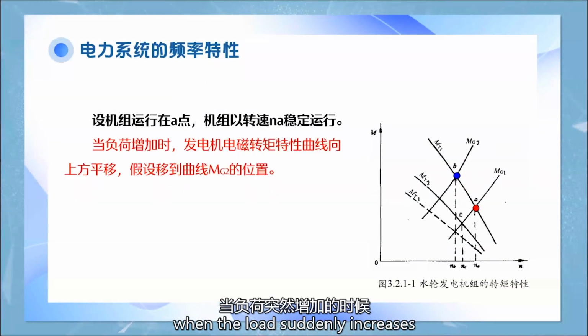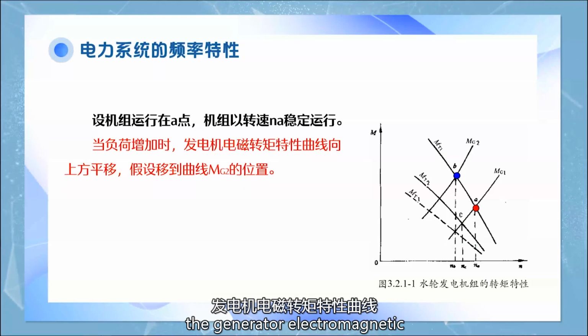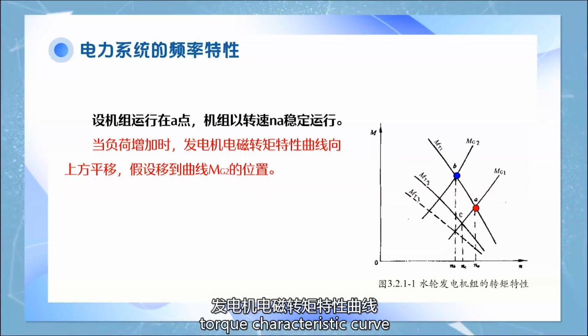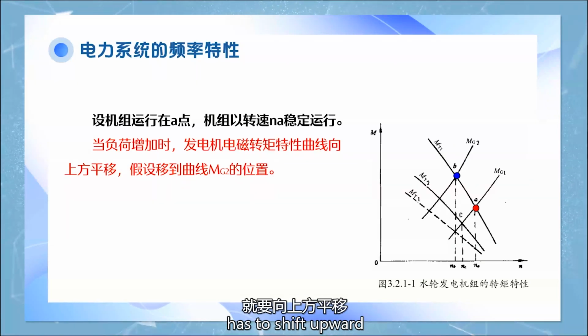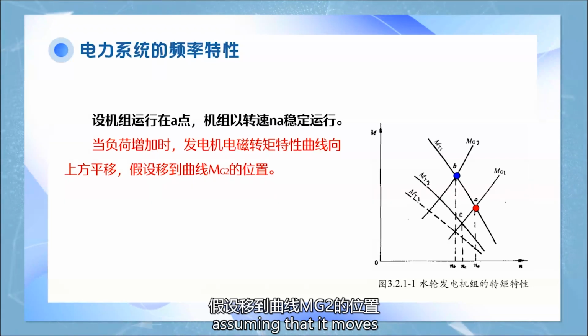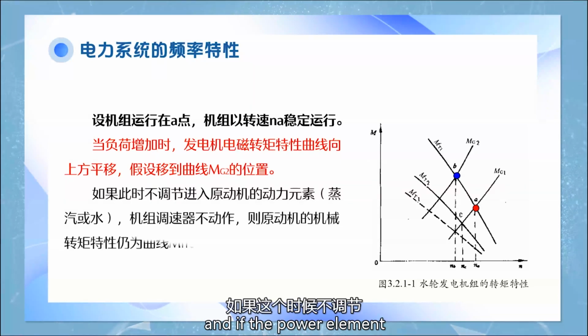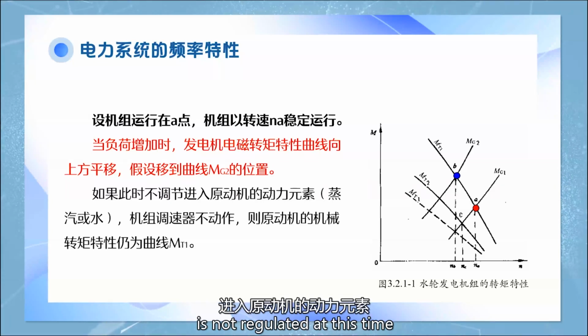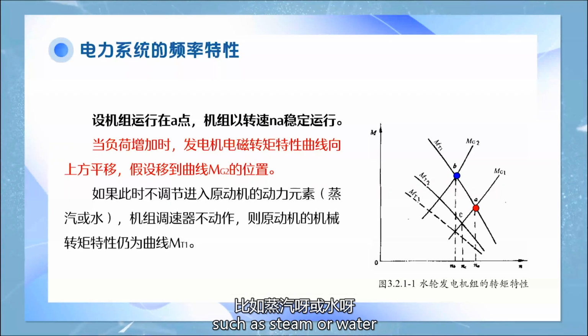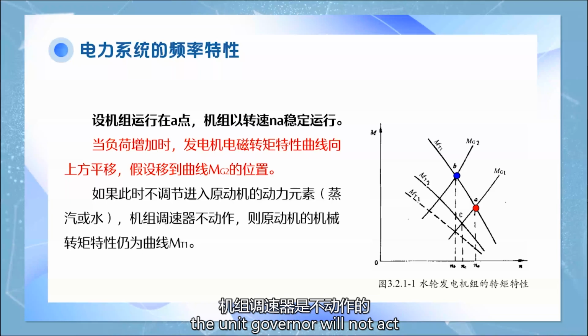When the load suddenly increases, the generator electromagnetic torque characteristic curve shifts upward, assuming that it moves to the position of curve MG2, and if the power element entering the prime mover, such as steam or water, is not regulated at this time, the unit governor will not act.